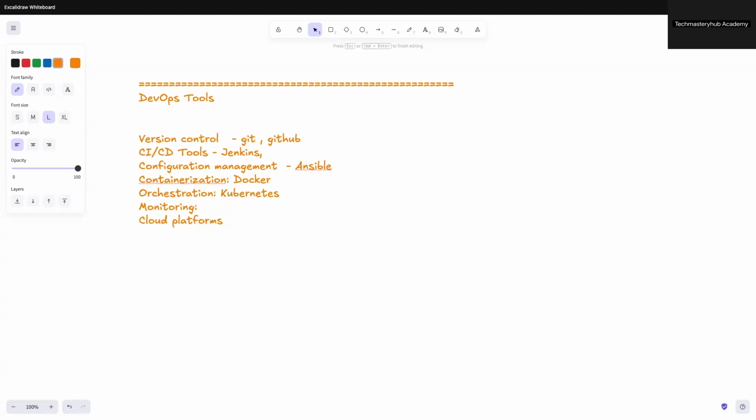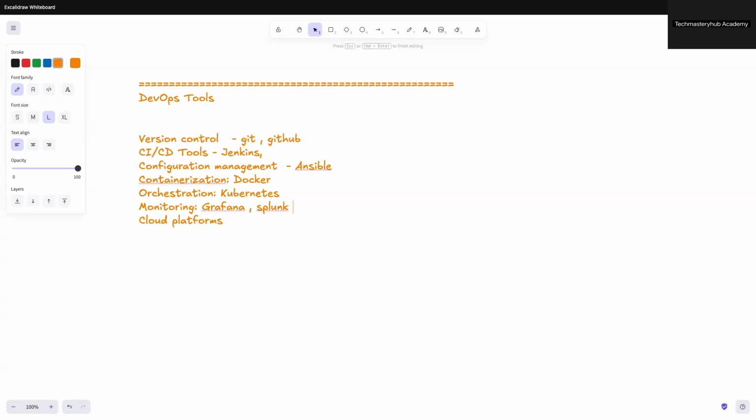Next tool is for the monitoring purpose. There are many tools, but as I mentioned earlier, Grafana and Splunk are the widely used tools for monitoring purposes. These tools will track system performance and detect issues.